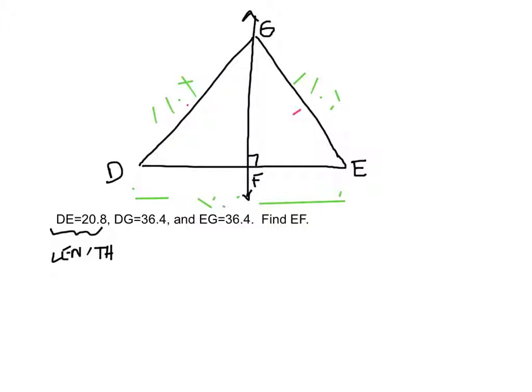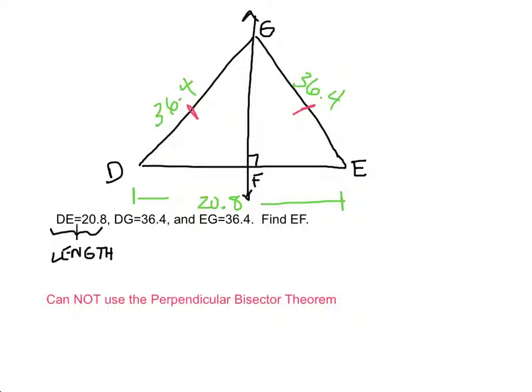Once two segments are congruent, do we know anything about a perpendicular bisector? Go ahead and read everything we know. Does it say anything about the perpendicular bisector? No. It says nothing about the perpendicular bisector. And so it's important to know that we cannot use the perpendicular bisector theorem.